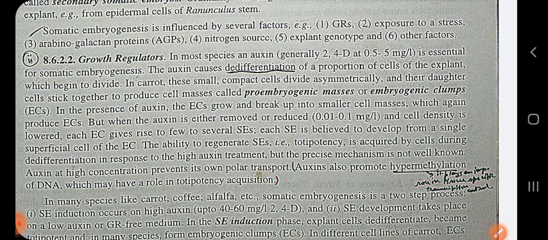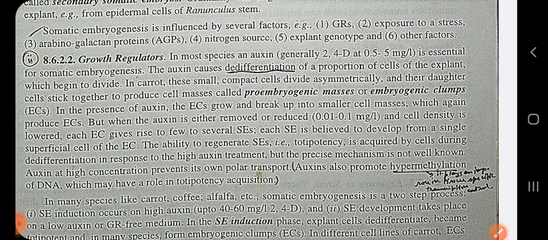So in carrot, these small compact cells divide asymmetrically, not in a symmetrical manner, not in a regular pattern. That's why the daughter cells stick together and produce a cell mass called an embryogenic clump, also known as pro-embryogenic mass.